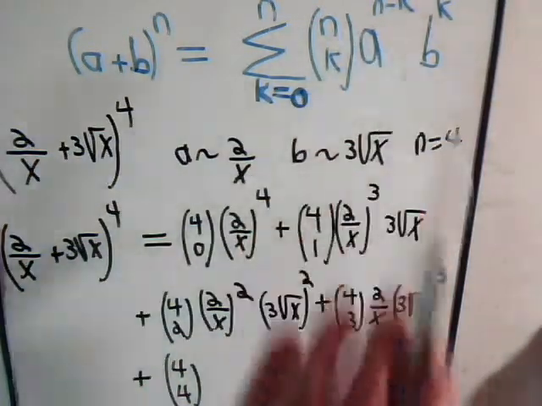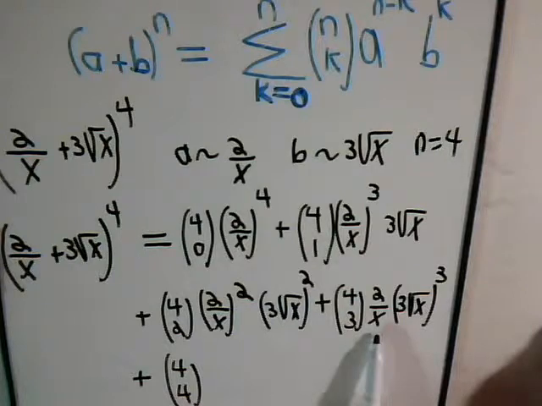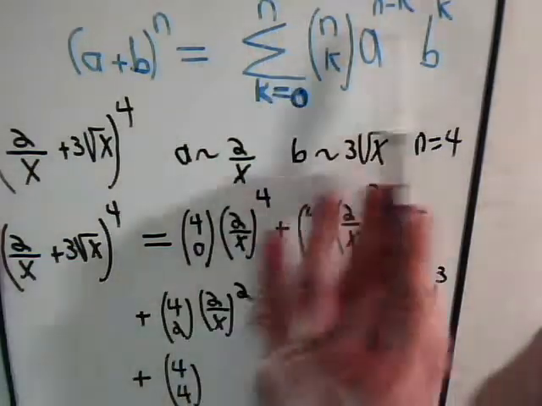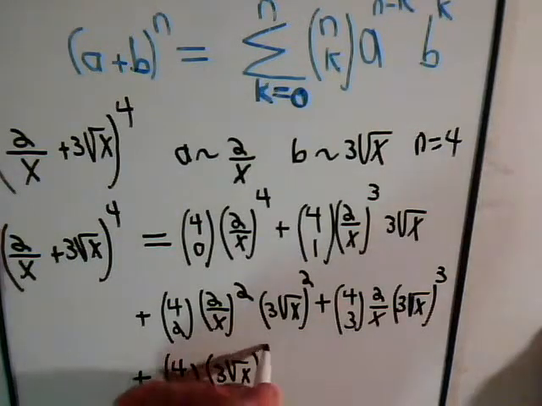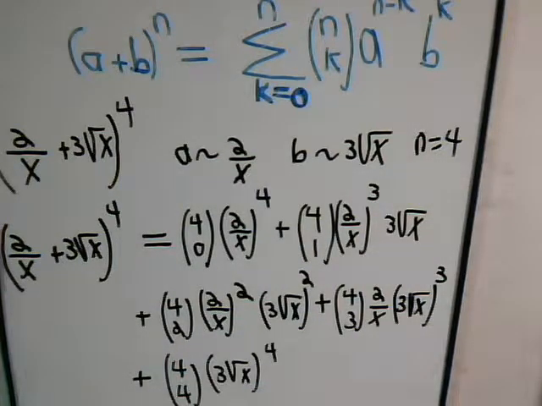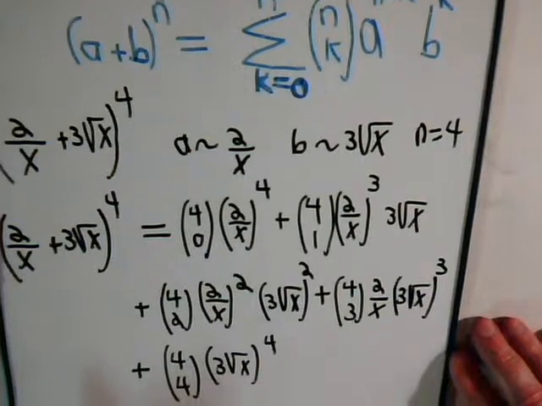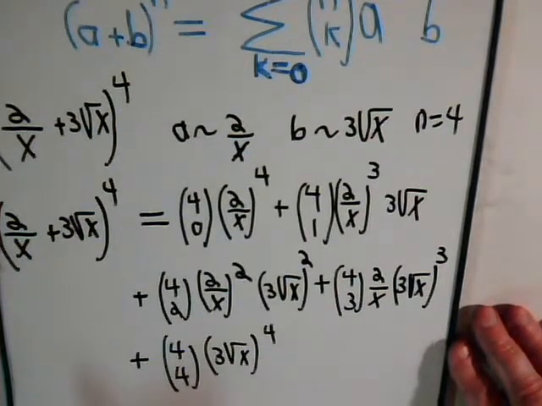N is 4, minus 4 is 0, so that's 2 over x to the 0 power, that's 1. And then this term is going to be k now equals n, which is 4. And there it is. So you can see it's a pretty handy tool.